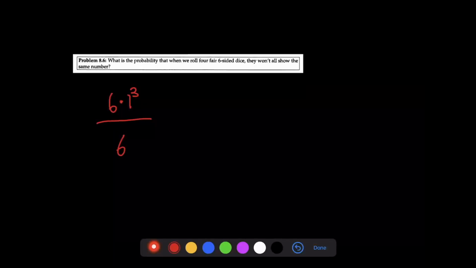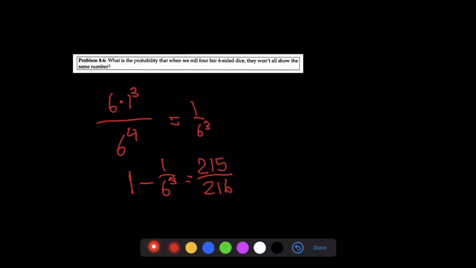That's 6 to the power of 4. This gets 1/6 over 6 cubed. And the probability that this does not happen is 1 minus this, which is equal to 215 over 216. A notation that commonly gets used is P of A prime, which basically means the probability of A not occurring.